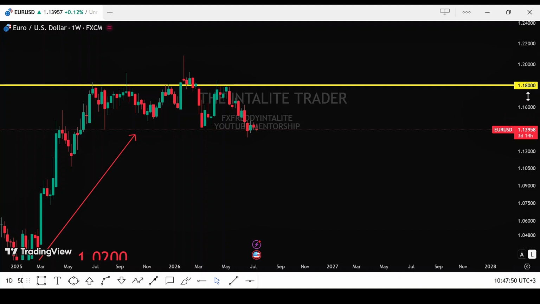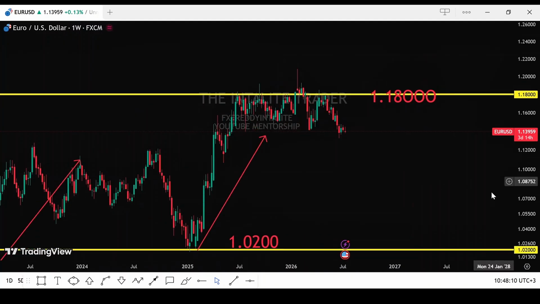So if you look on the sides, we have 1 point. If I mark this level here, it is 1.1800. So these are round psychological numbers.